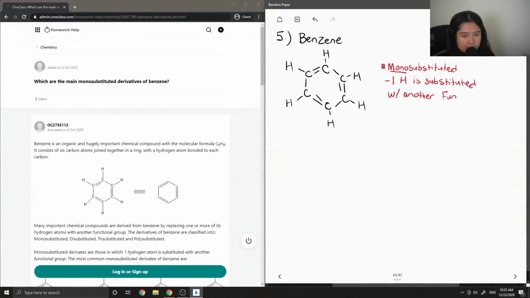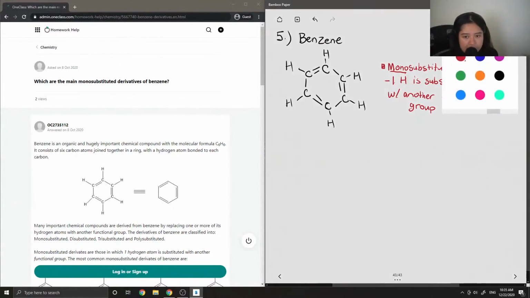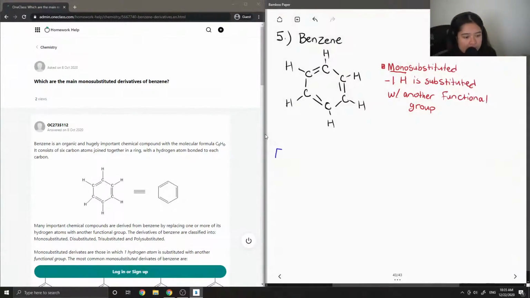So depending on the functional group, they'll all have different names, obviously. So I'll just write down some of the main examples, and then we can see what the junior tutor said.